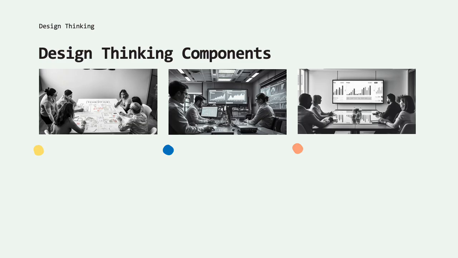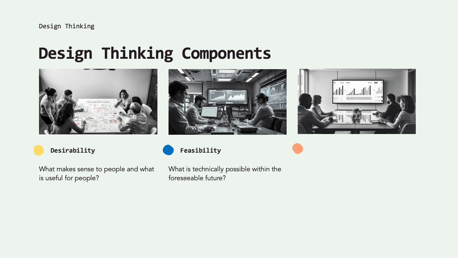Let us now understand the components of the design thinking process. The first one is desirability. Desirability focuses on human needs and user experience. It ensures that the solution is meaningful, valuable, and solves a real problem for the target audience.